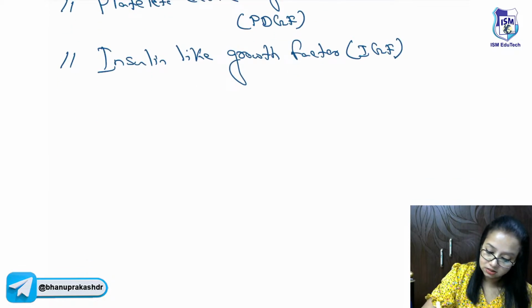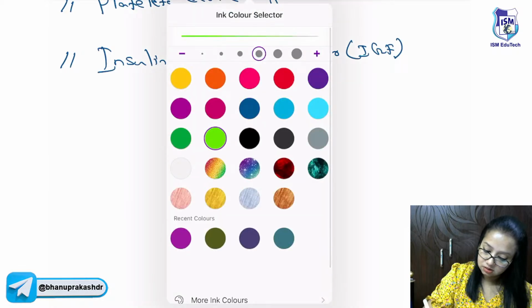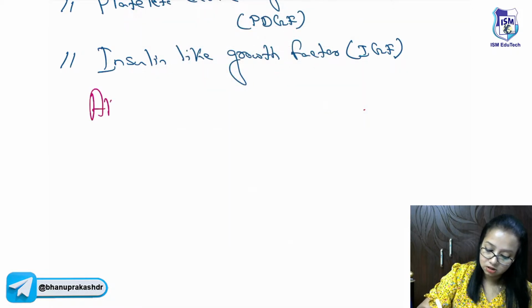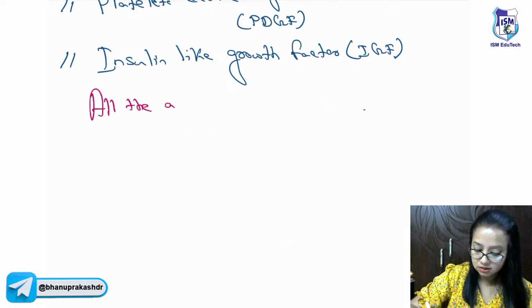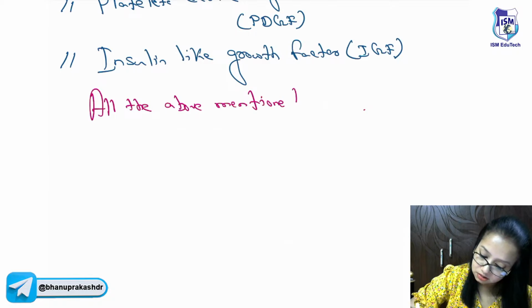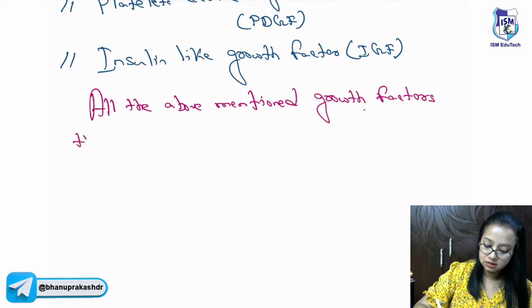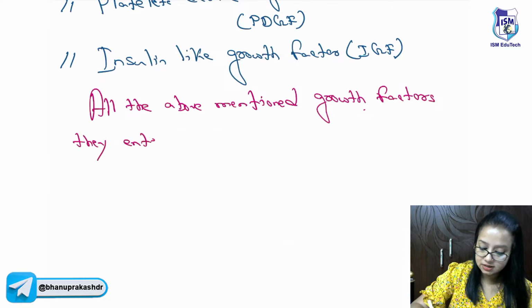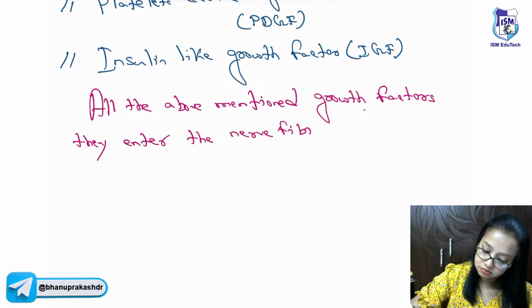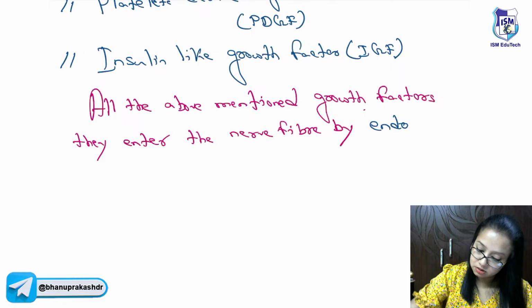Now, all the above mentioned growth factors enter the nerve fiber by endocytosis.